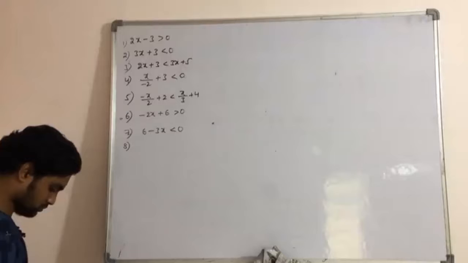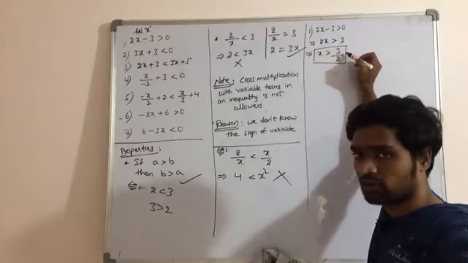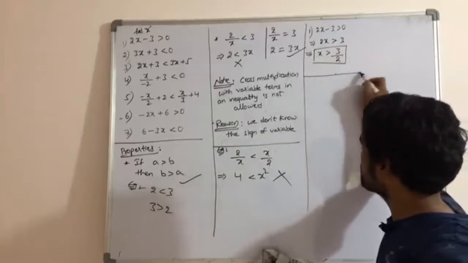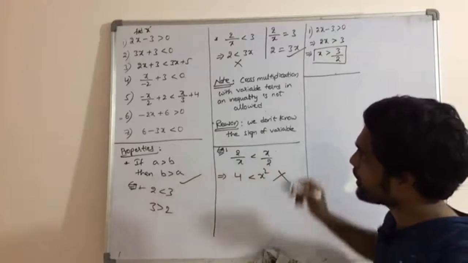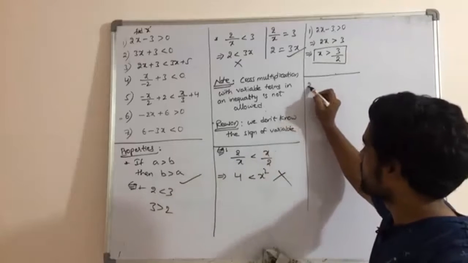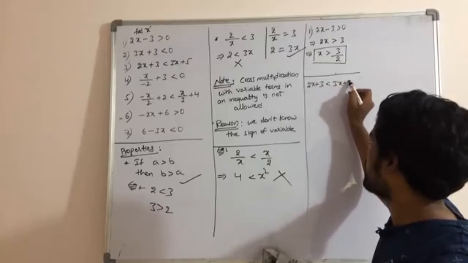So what are the observations from here? When both are positive, or only one of them is negative, then the inequality will not change after squaring on both sides. But when both the numbers are negative, then the inequality changes after squaring on both sides.